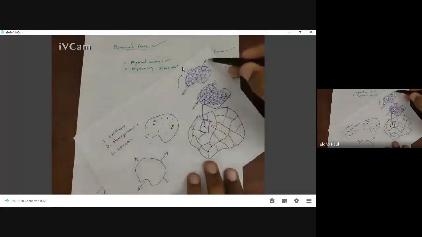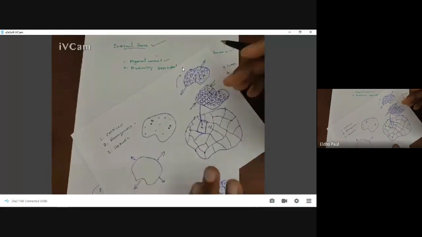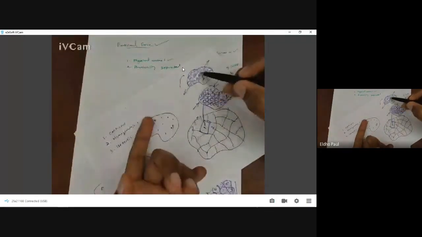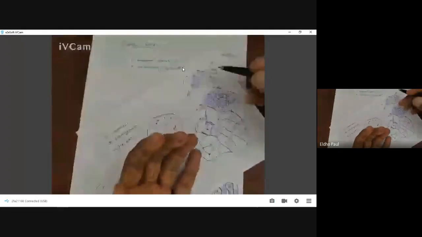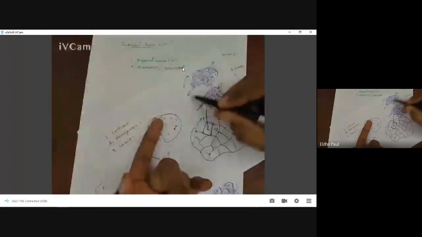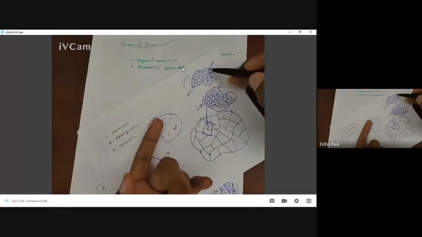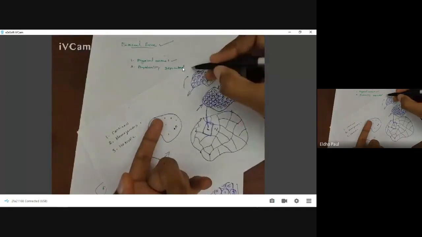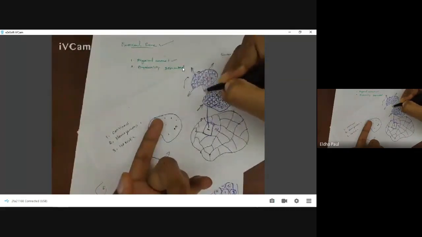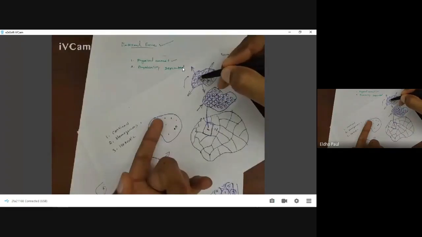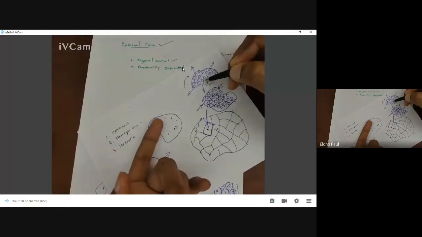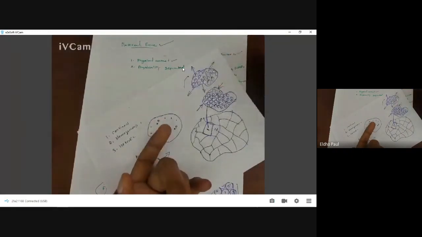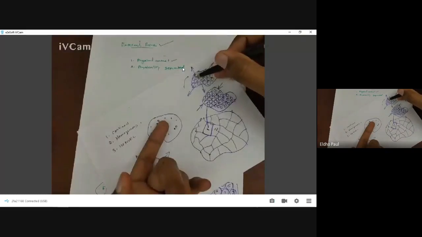So, in that direction, the strength will be low, because when we apply a particular force, there is a chance for slipping, and it can easily deform in the direction of the applied force. So, in this direction, the crystal is very weak. But maybe in this direction, because of the different orientation of these atoms or molecules, the chance for slipping is low, because here we can see there is no single layer like this.